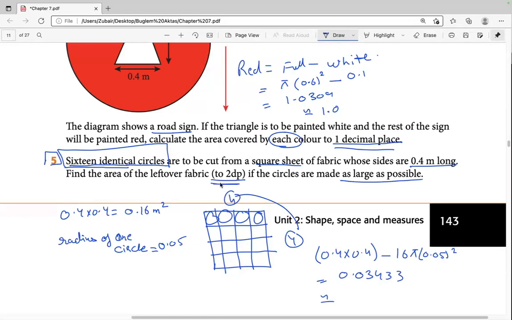And fulfilling the requirement of 2 decimal places, we have 0.03 meter square. Got it?